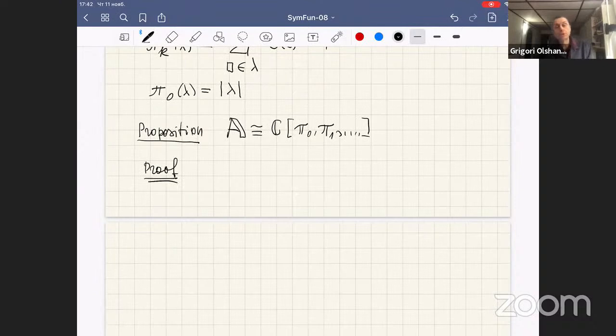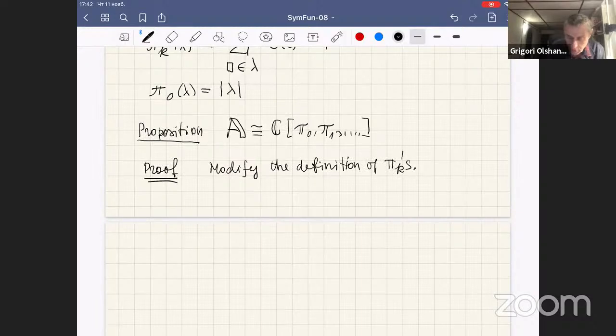The idea is first to slightly modify the definition of these elements, as follows. I introduce some modified version.